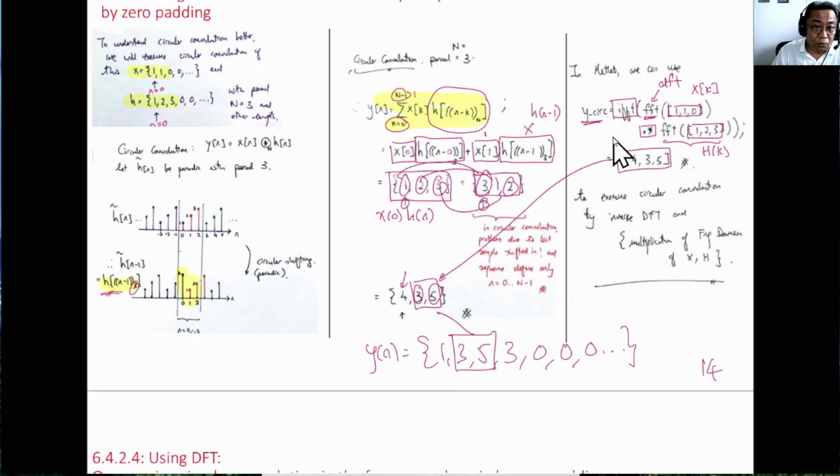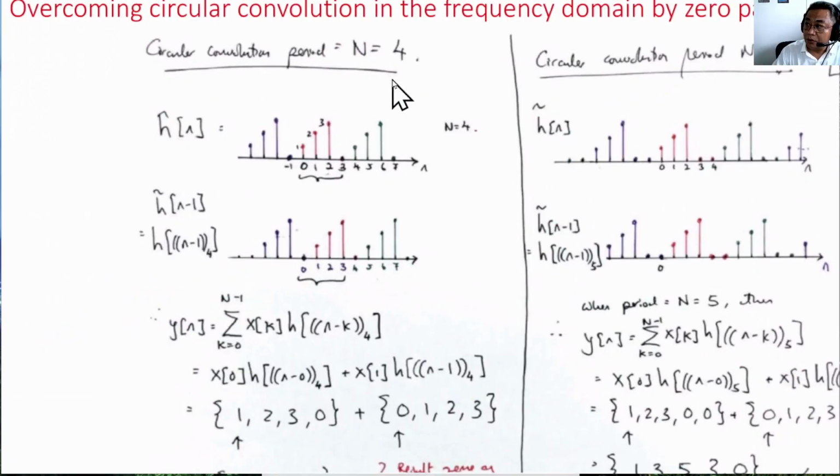So the result is wrong. What can we do? Let's try N equals 4. And zero padding is the answer. When we go from N equals 3 to N equals 4, what are we saying? We are now saying that we are padding an extra 0. Where are we padding the extra 0? Originally, h[n] is 1, 2, 3, these 3 samples over here.